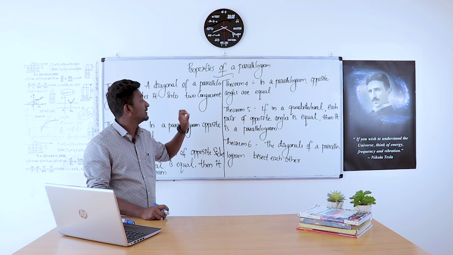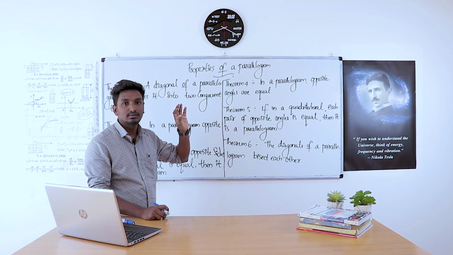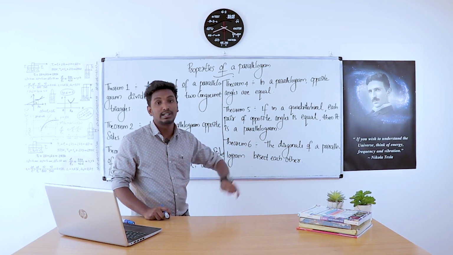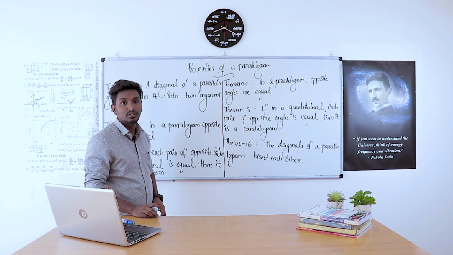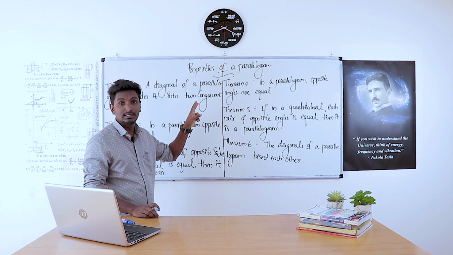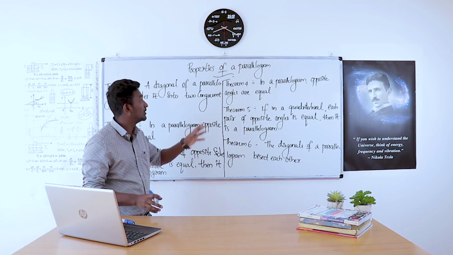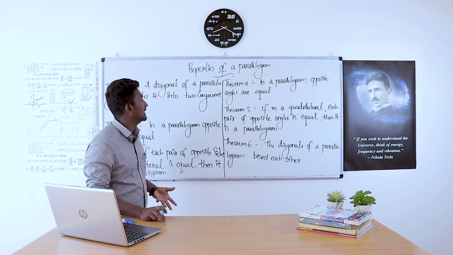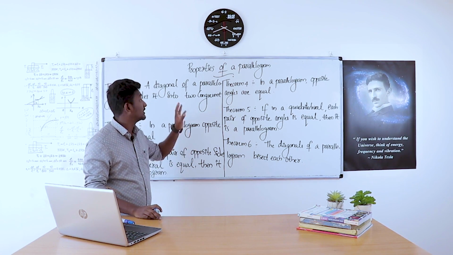When we explain all the quadrilaterals, that is a parallelogram, a rhombus, a square, a rectangle, a kite, or a trapezium, we discuss the properties of those figures. A parallelogram is one of the important quadrilaterals and has more importance than the other quadrilaterals, so we have to study its properties more carefully.